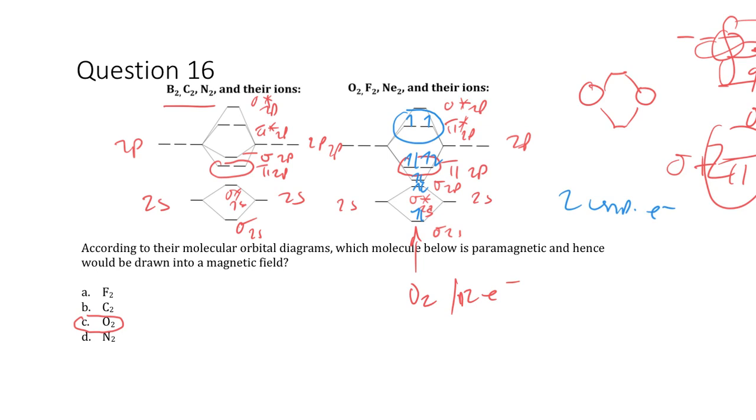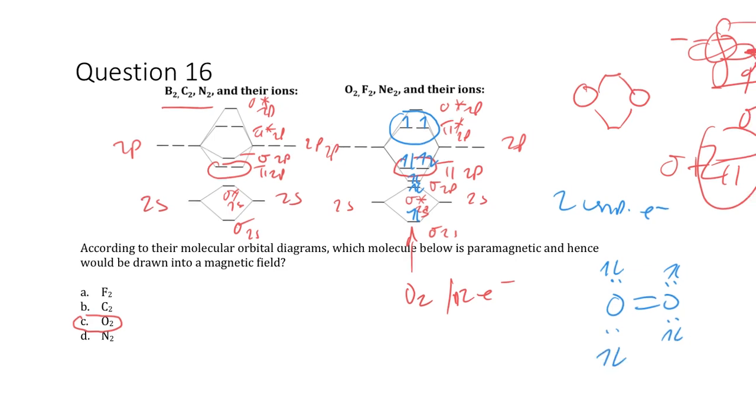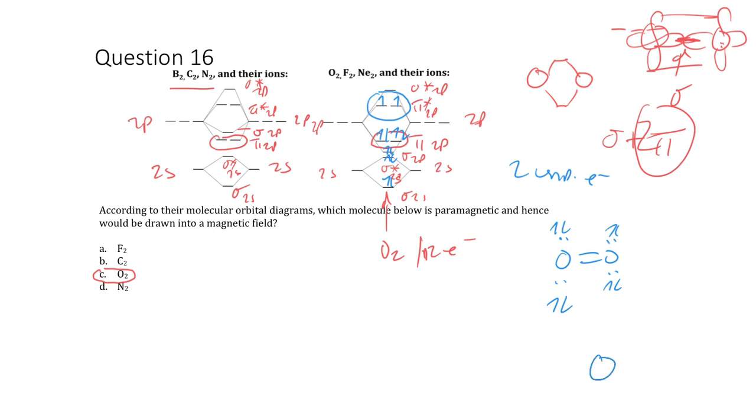If you're just looking at the Lewis structure, I don't think you would predict that. You'd be like, well, aren't these electrons spin paired? And usually they are. It's kind of weird in O2 that they're not. There are some weird structures that people sometimes write for O2, where you pair some of these, and then these are not paired in the same direction.